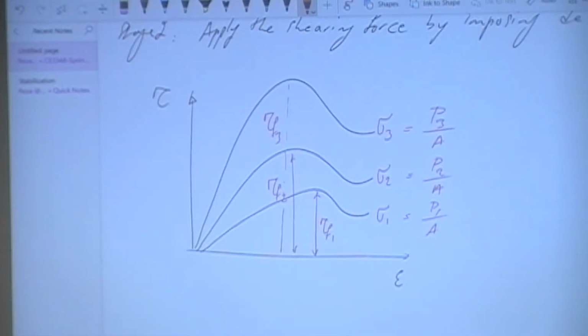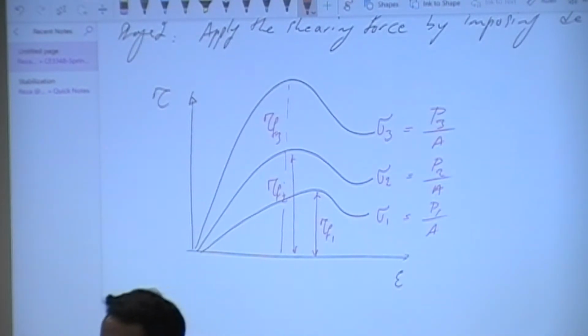I'm assuming that in all 3 cases, I compacted the material. So let's see what we have. You have P1, which is the weight of the first surcharge, divided by the area that resists that. P2 is the second surcharge, which is going to be higher or lower? Higher. That's good, right? You get more participation. And how about P3? Higher. Highest among the 3, right?